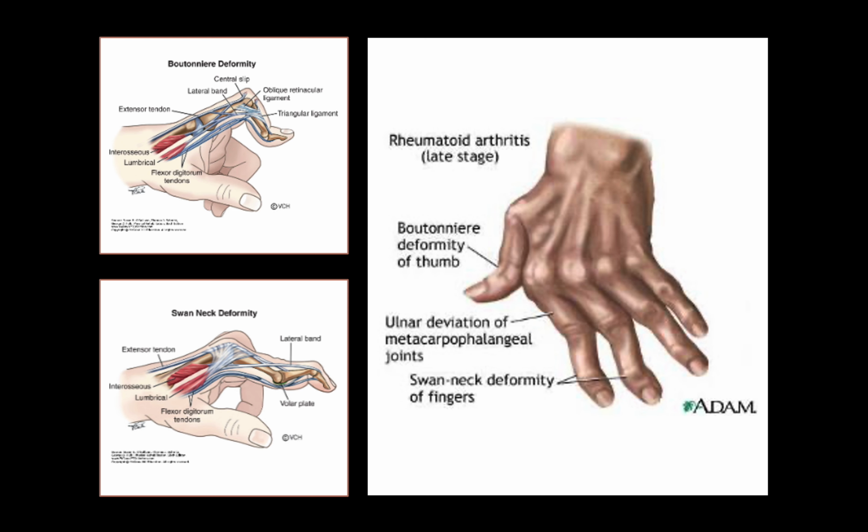It might be very useful to get an occupational therapist involved in the care of somebody who has these kinds of deformities, so that the patient can be as independent as possible, because we want that. We want the patient to be as independent as possible, to promote self esteem and self care and things like that.